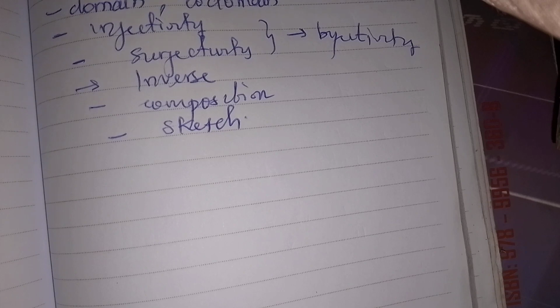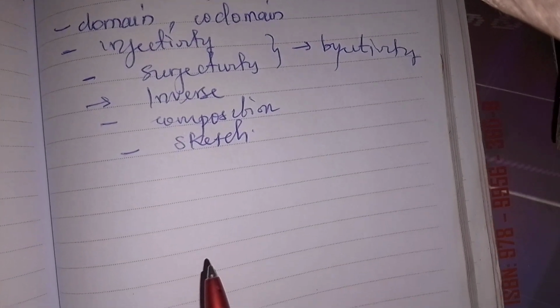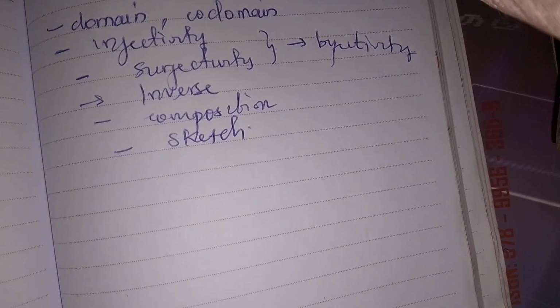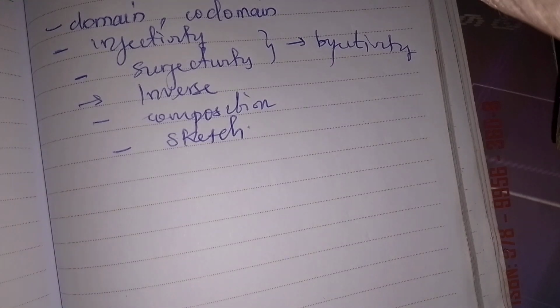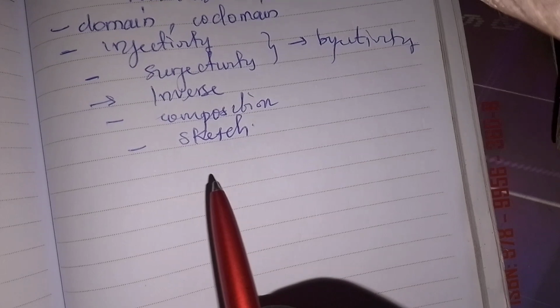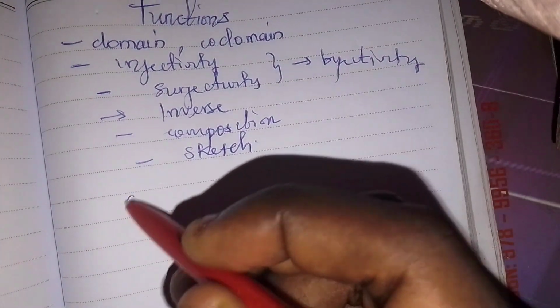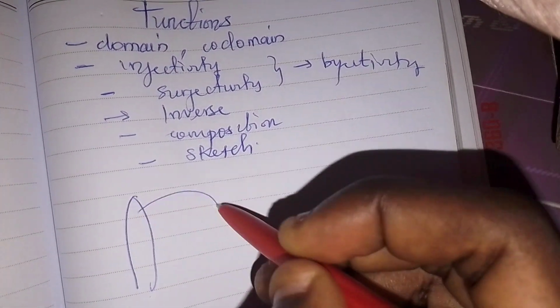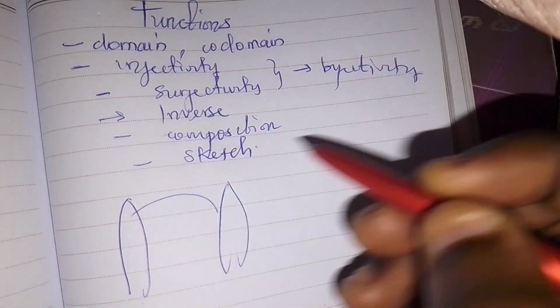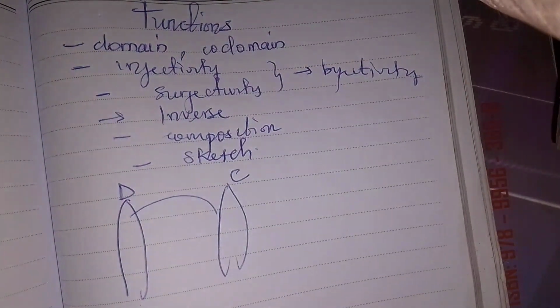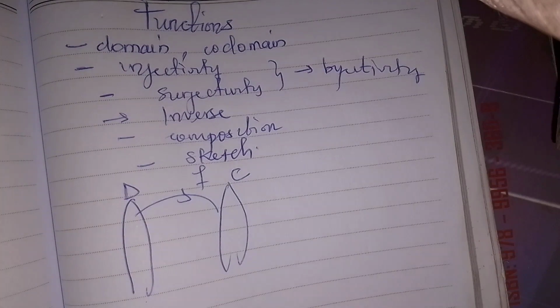Now, let's talk about the domain of definition of a function and the codomain. I'm not going to complicate things, because this is pure mathematics. This is not further maths. So a function is basically a mapping from one set to another. These two sets, the domain and codomain, are linked by the function f.